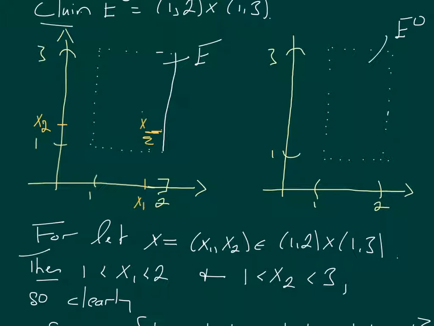It seems that the epsilon neighborhood about that x should lie entirely inside of E. So what was that epsilon?